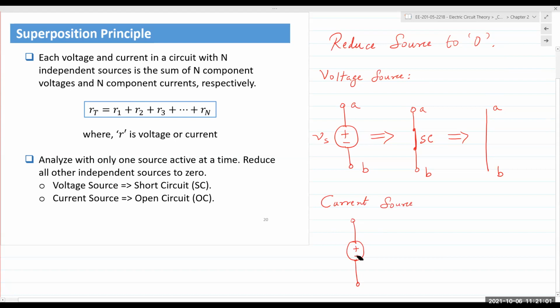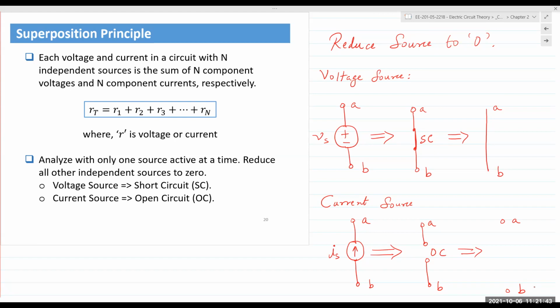So we replace it with an open circuit. When you're redrawing this in a circuit diagram, all you have to do is remove that current source. That's it. Basically, replacing a current source with an open circuit effectively just means you remove that current source from the circuit. That's all. It doesn't mean anything else.